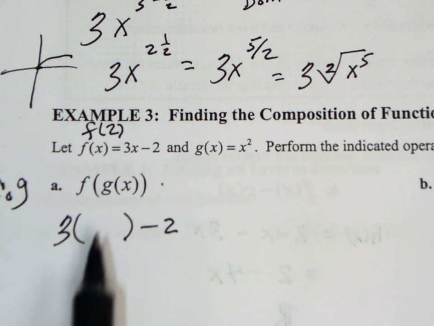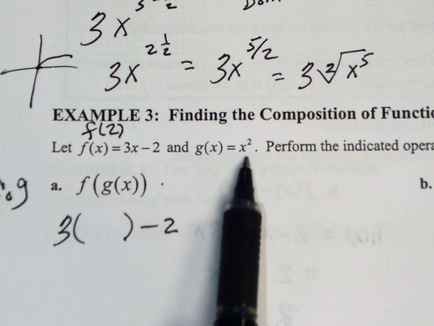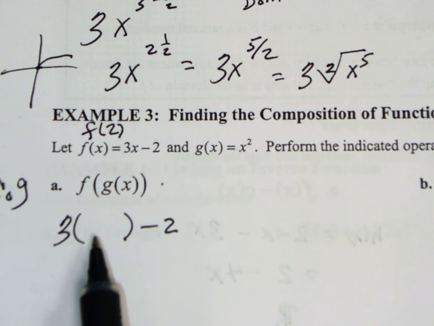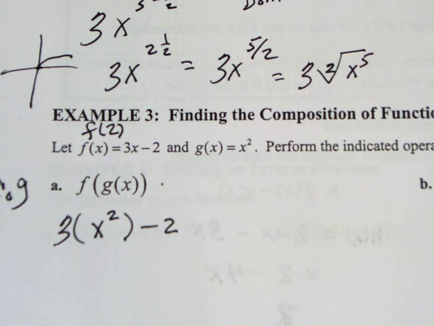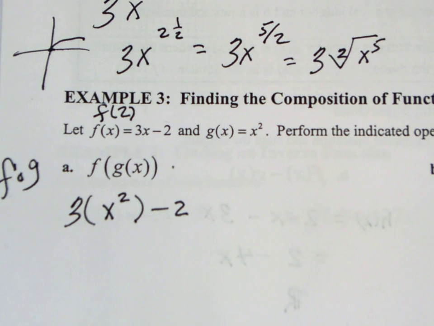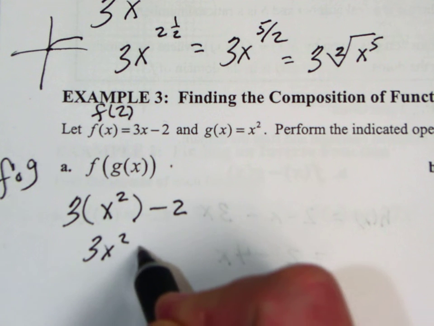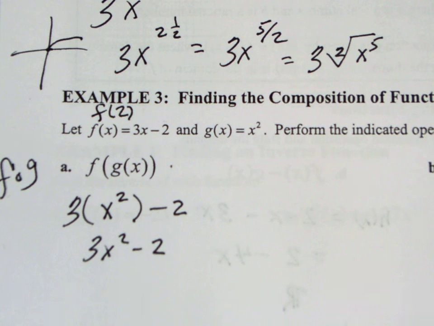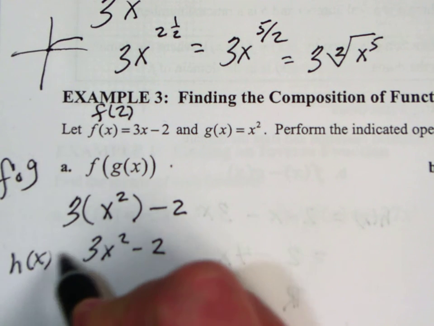Then I know inside those parentheses is going to go g of x. g of x in this case is x squared. So inside those parentheses, I put x squared. Then I just perform any math that I have to do. So this one is just going to be 3x squared minus 2, and of course that would be my new function h of x.